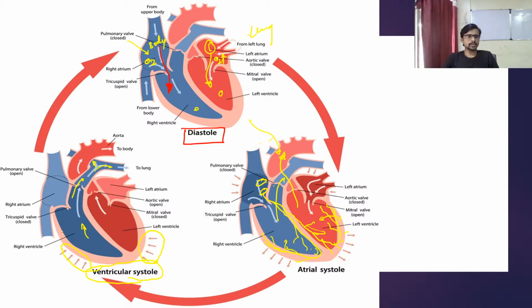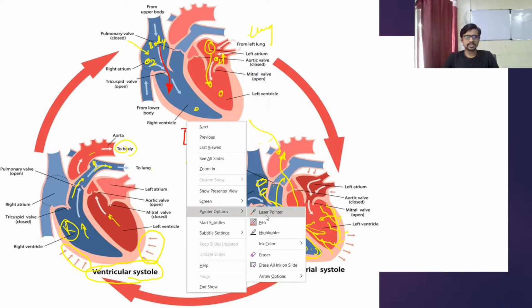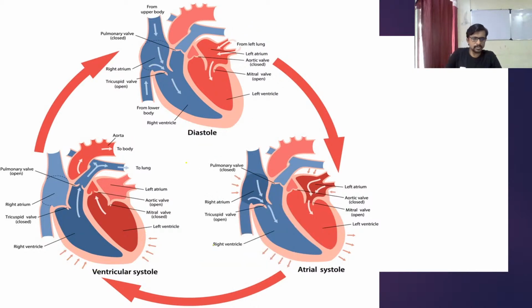So from the right side of your heart blood is moving toward the lung, okay, and from the left side of your heart blood is moving toward the body. So this is how the systole and diastole of the heart work, okay, with the help of the impulse conduction system.